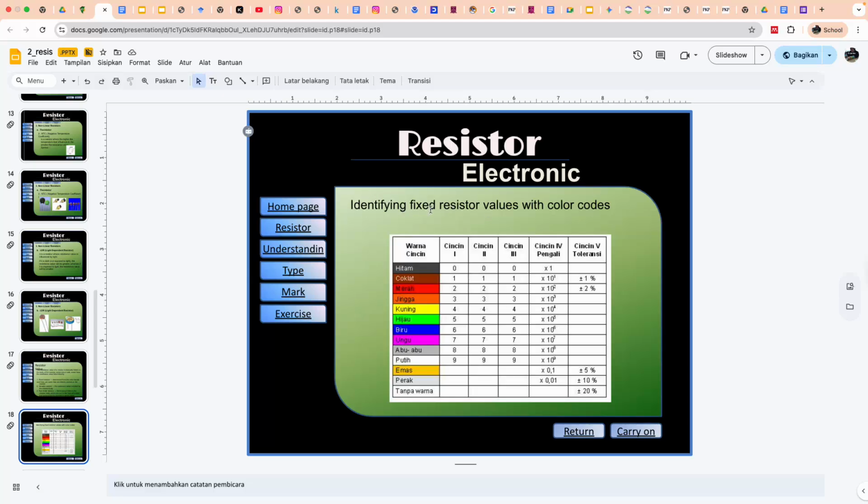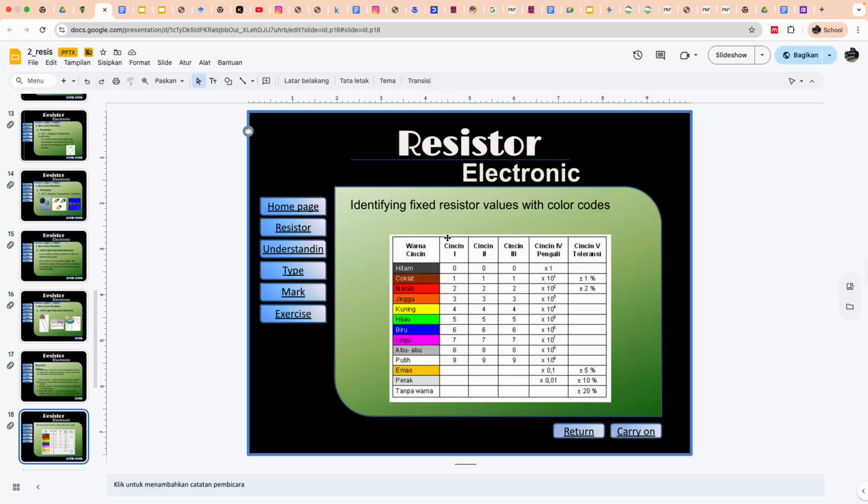We can identify the fixed resistor value with color codes. This is the color, sorry, it's in Indonesian: black, brown, red, orange, yellow, green, blue, violet, gray, white, gold, and then silver, and then without color.